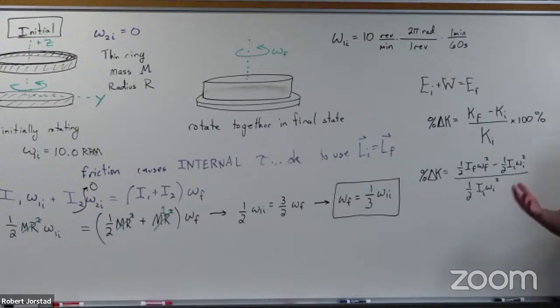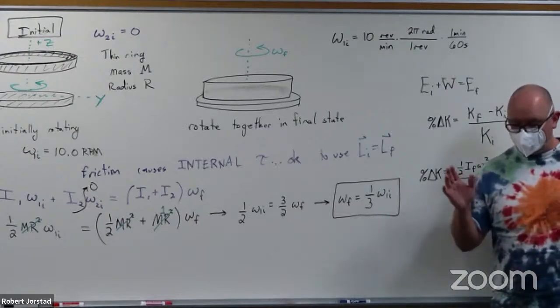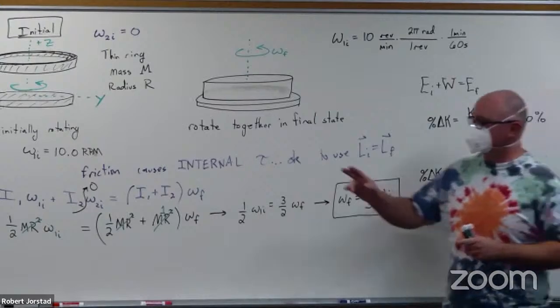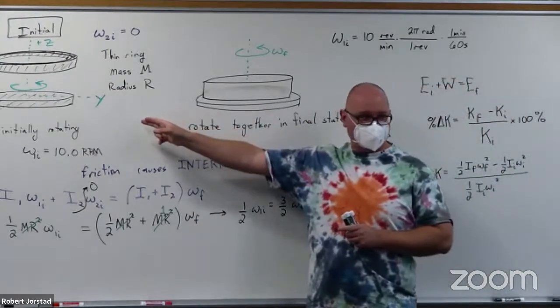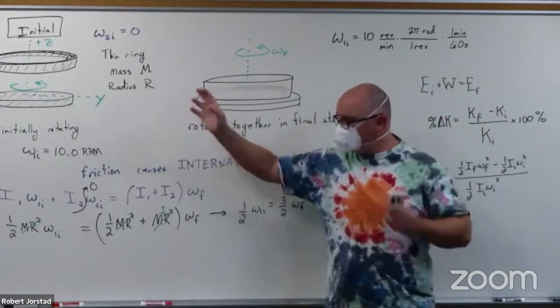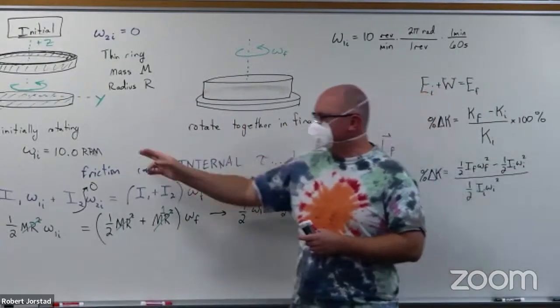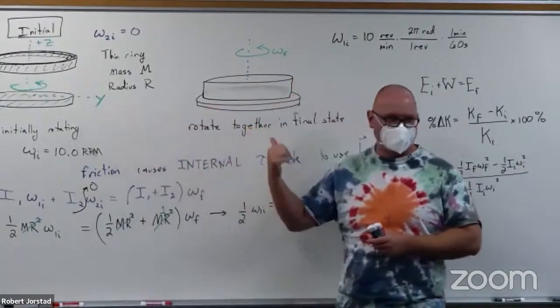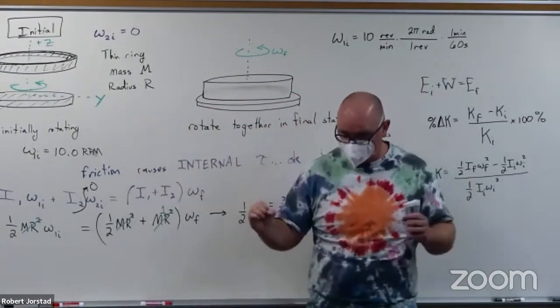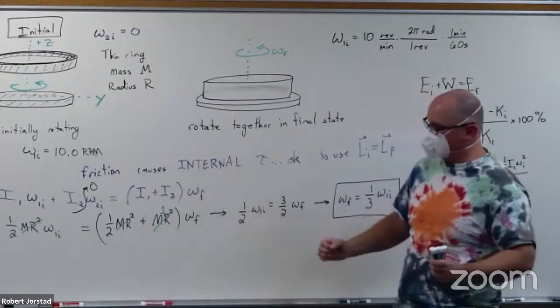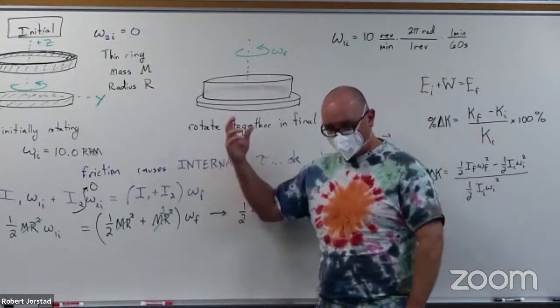Also, notice how important it is. I know this seems silly, but a lot of students will try to do this problem with rotational energy. You know it loses energy because I've just told you that. So people that try and do this problem with E initial equals E final get it wrong every time and get 0 credit. I don't give any credit for somebody that uses energy on an angular momentum problem.